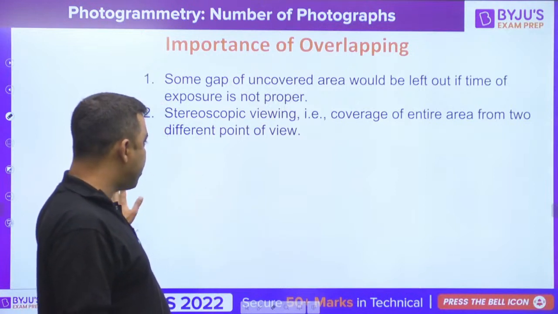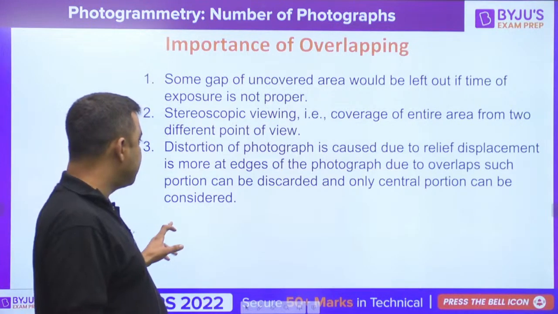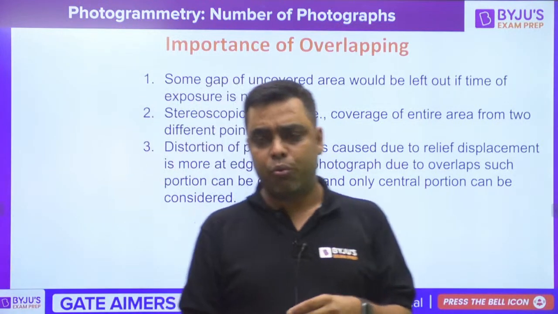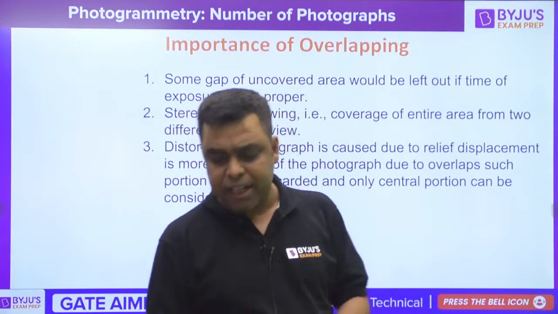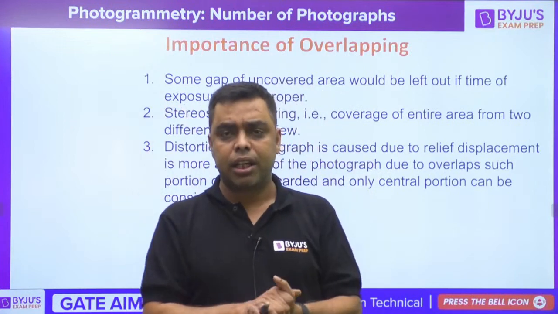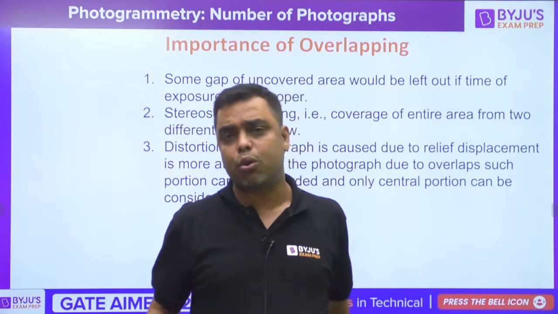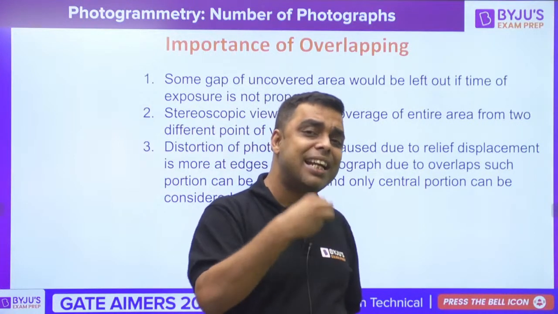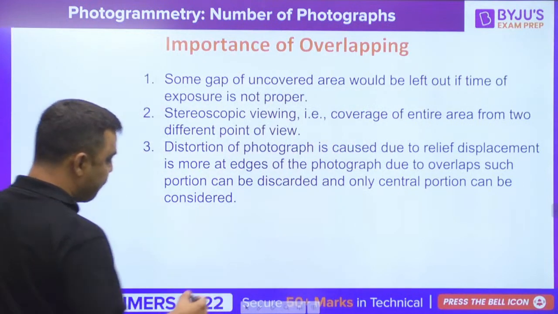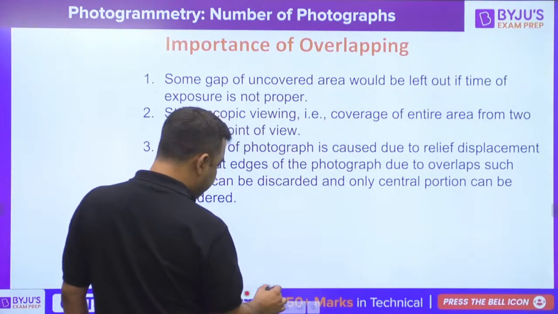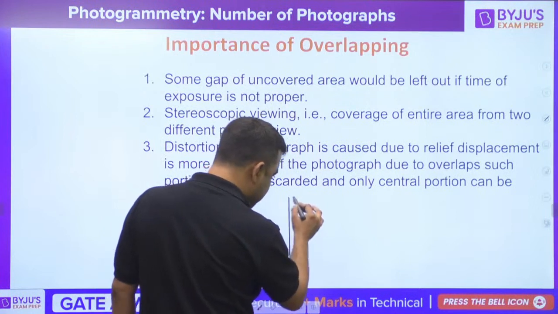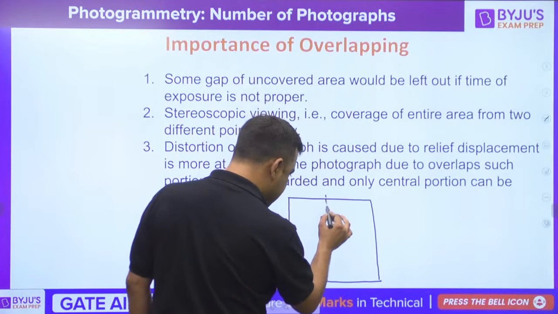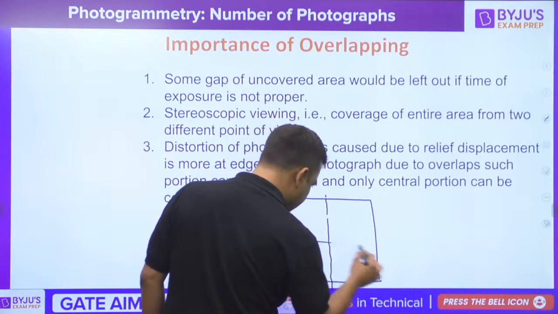Further, there is one more point over here, and what is that point? When there is a relief displacement in the ground, that is, the ground is undulating, and when we take the photograph of that ground, the photographic positions of various points get displaced. For example, this is a certain photograph, and this is the center line of that photograph.